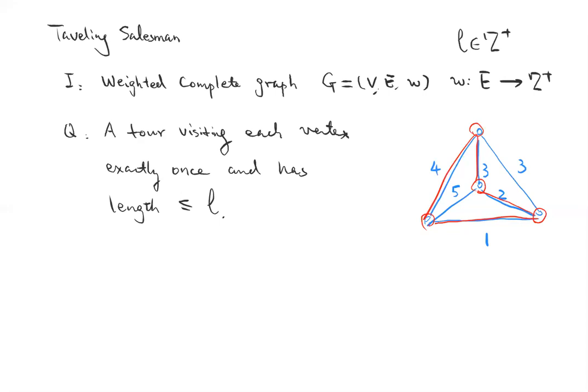In other words, what are we looking for actually? From a different point of view, the red one forms a spanning cycle of minimum weight.